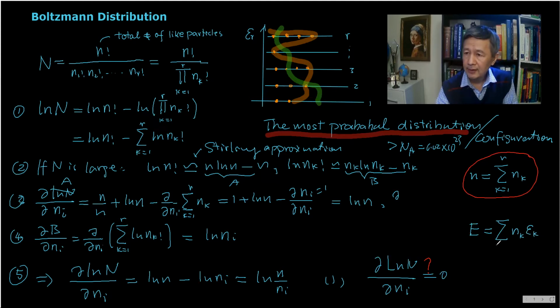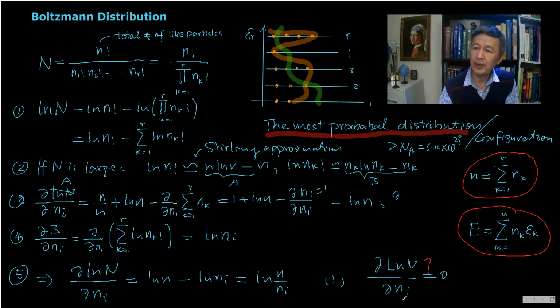These are two constraints in order to find the maximum. So this optimization to find the maximum value is under special conditions. It's conditional. Therefore, in this case, we cannot use the conventional approach to find the most probable distribution.